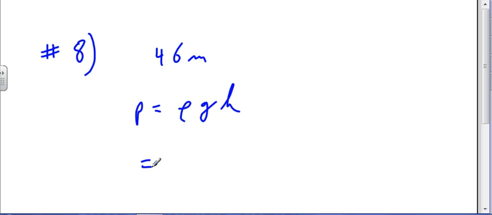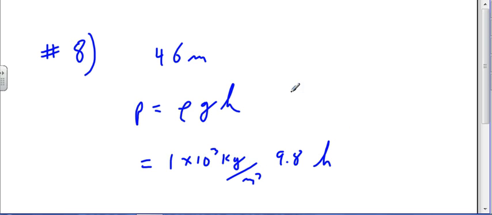Okay, so on page 261, and we already knew that, rho for water is 1 times 10 to the third. So 1 times 10 to the third kilograms per meter cubed times 9.8 times h, which is 46 meters.